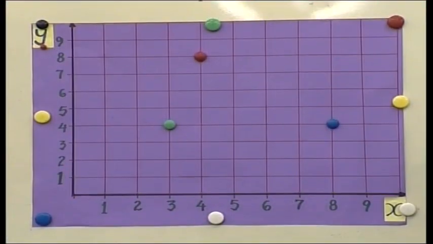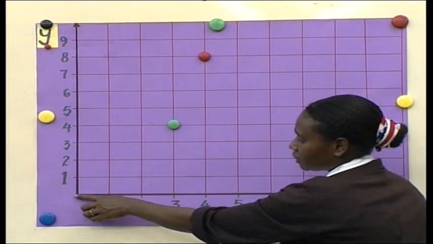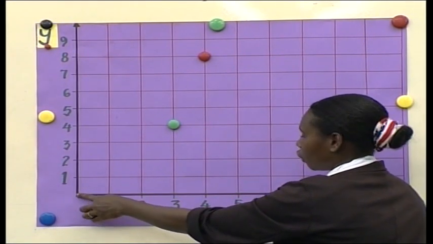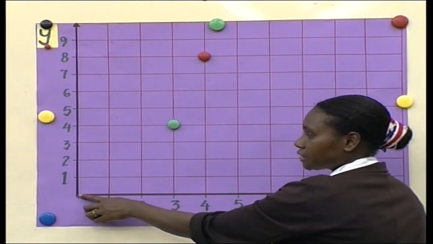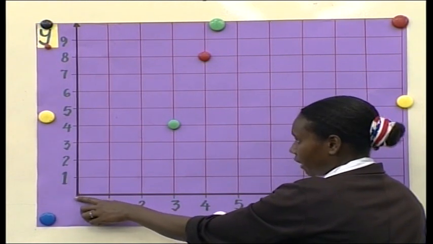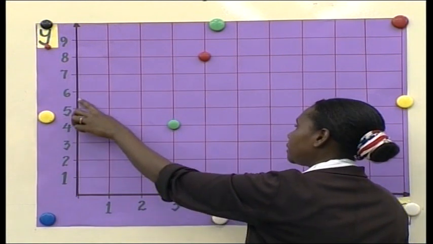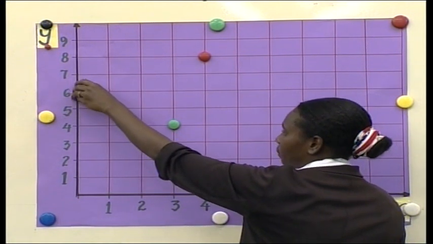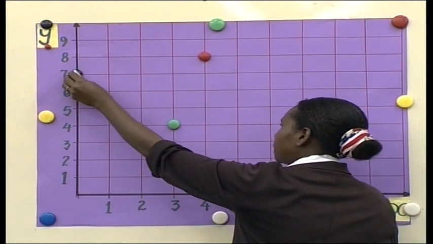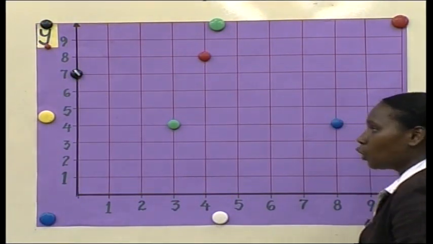D, this is where 0 is. You are not moving anywhere, but you are just staying where 0 is, and you are climbing up 7 units upwards. Where 7 is, that is where letter D will be located.